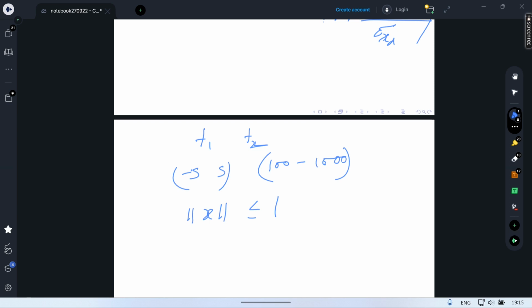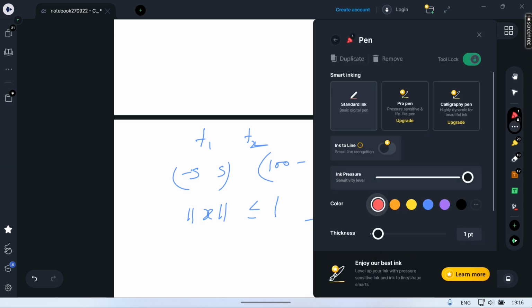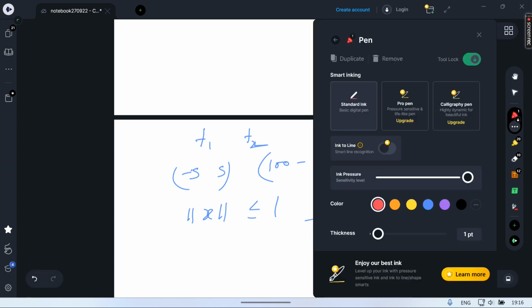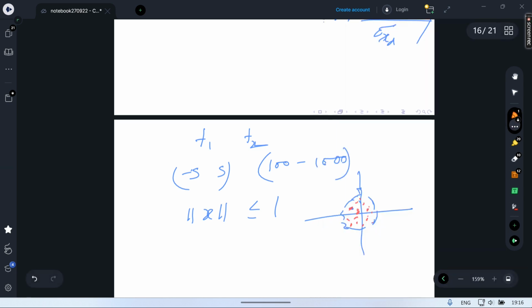Okay, suppose your input space is like this. Now if your input data is bounded by a very small region, something where your data all lies within a small region, then the guarantee you will get is much better than if your data are spread across a larger region.